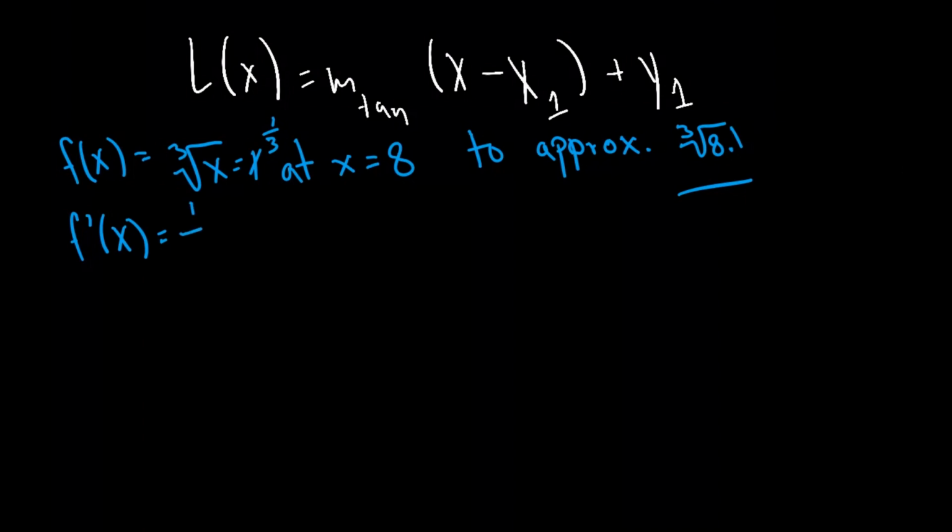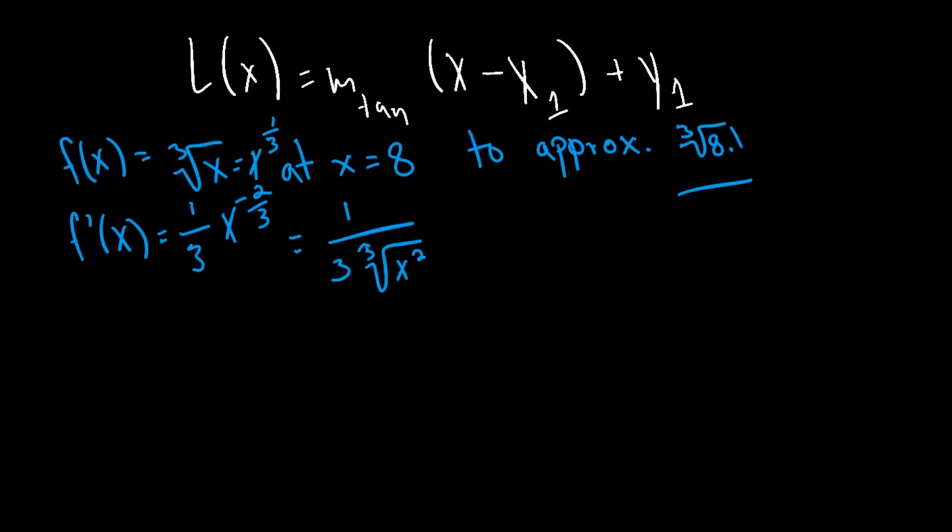We bring the exponent down, and we keep the x, but we subtract 1 from the exponent, giving us negative 2 over 3. Then we bring negative exponents to the denominator, so we have 1 over 3 times the cube root of x squared.